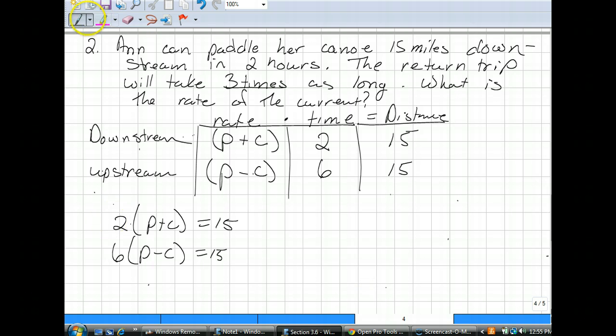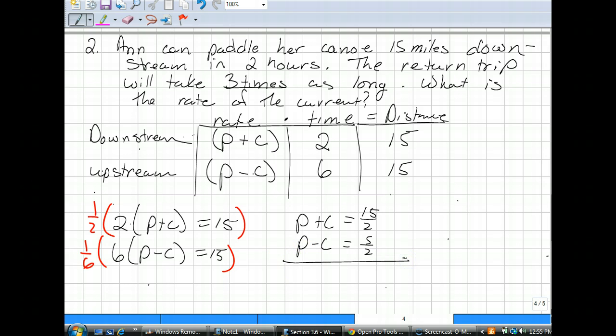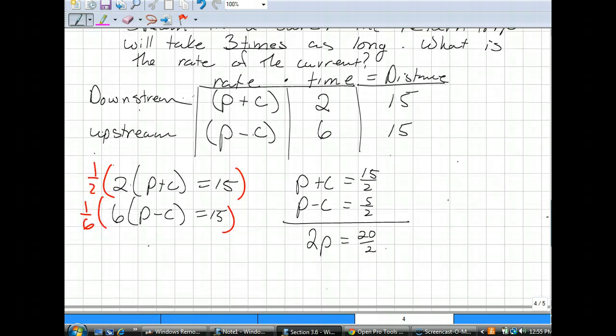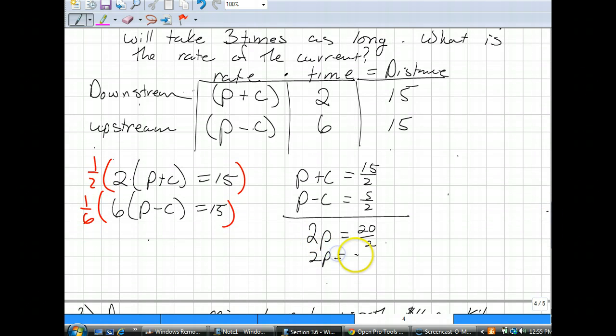Right, now what I would do is first probably get rid of this 2 by multiplying the whole thing by half, and get rid of this 6 by multiplying the whole thing by 1/6. So the top one becomes P plus C equals 15 halves, and the bottom one becomes P minus C equals 5 halves. Now notice that these are really cool because now if we just add them together, the C's add up to 0. So it's 2P equals 20 halves, or 2P equals 10, or P equals 5.